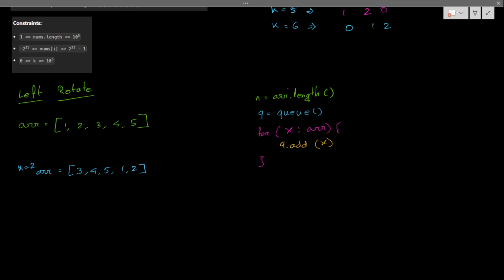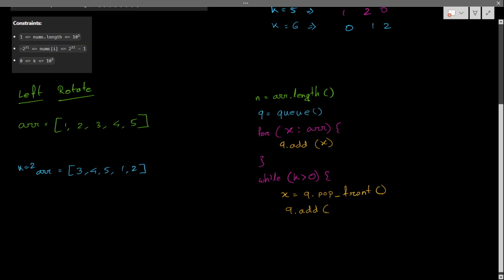How many times do I have to do that? K times. So while k is greater than 0, I can do the same thing. x equals q pop the front element, and q add x.